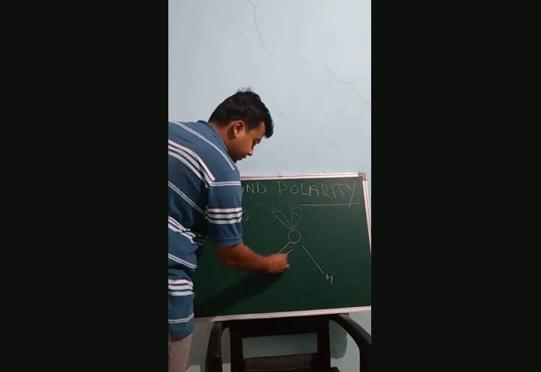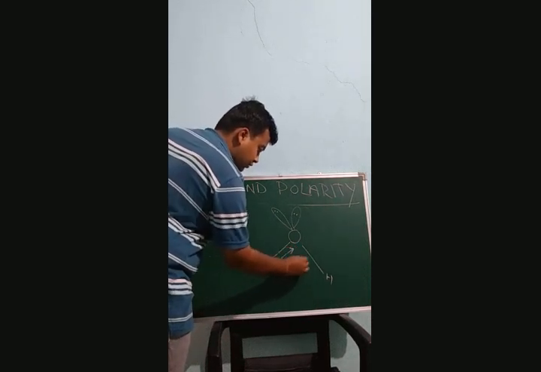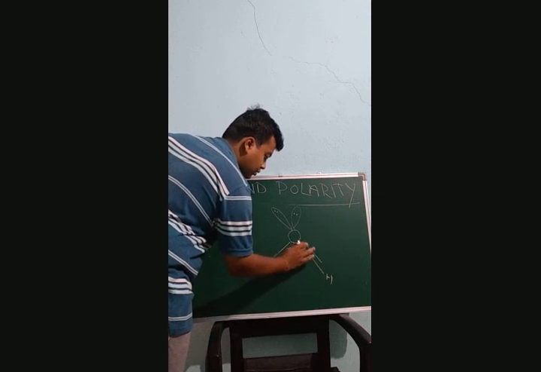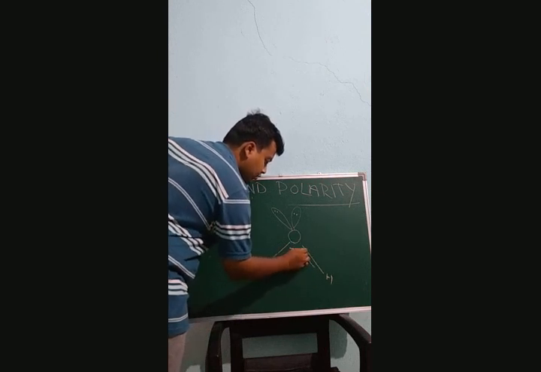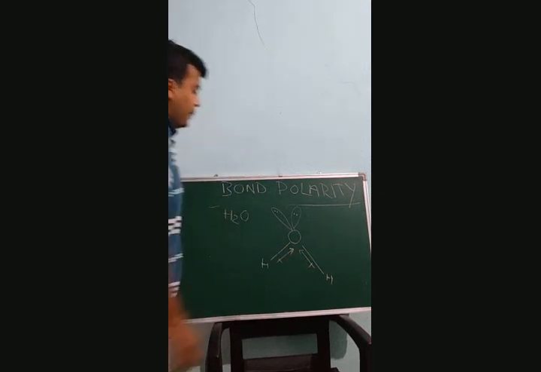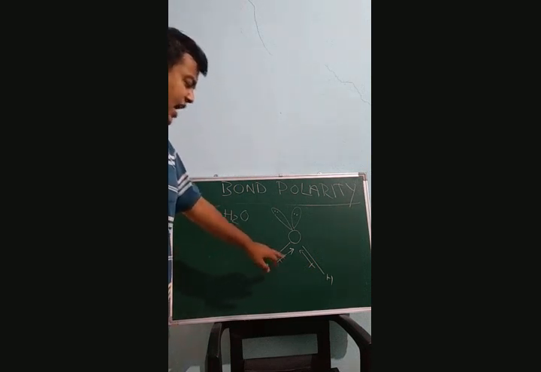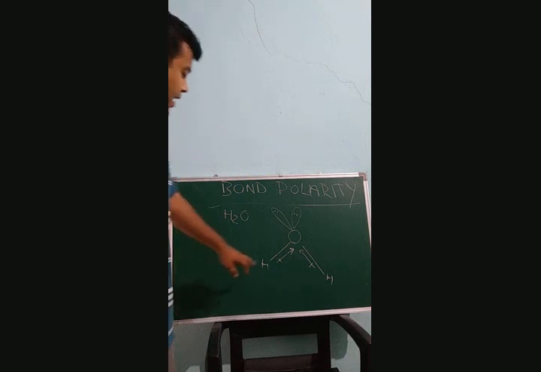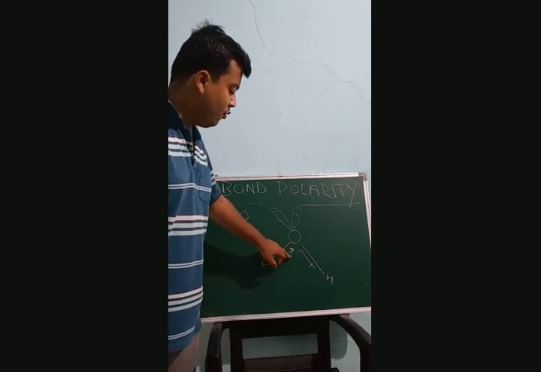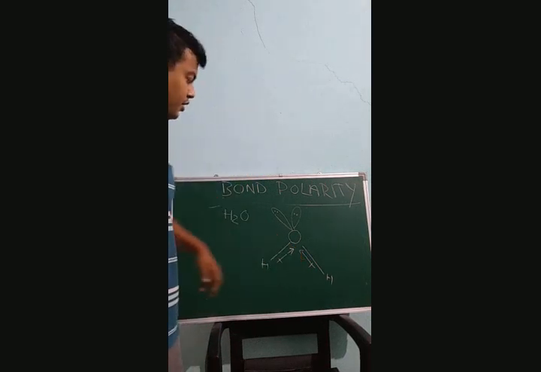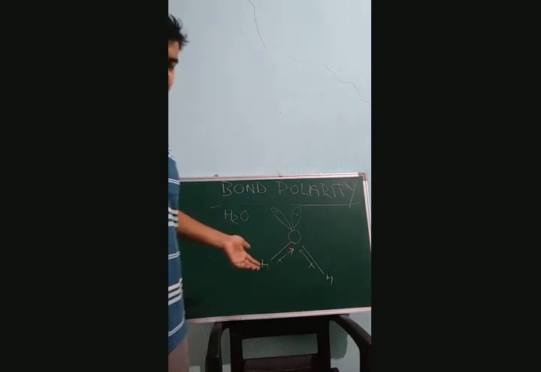So I can draw it like this. And because the dipole moment is a vector quantity, I can add this dipole moment and this dipole moment to get a net resultant dipole moment.